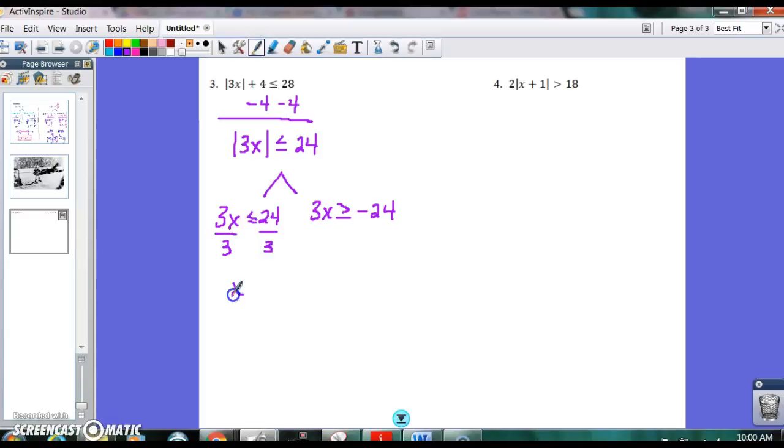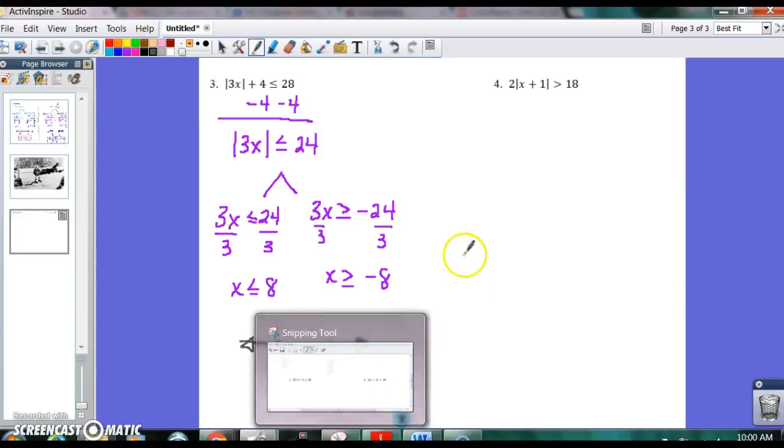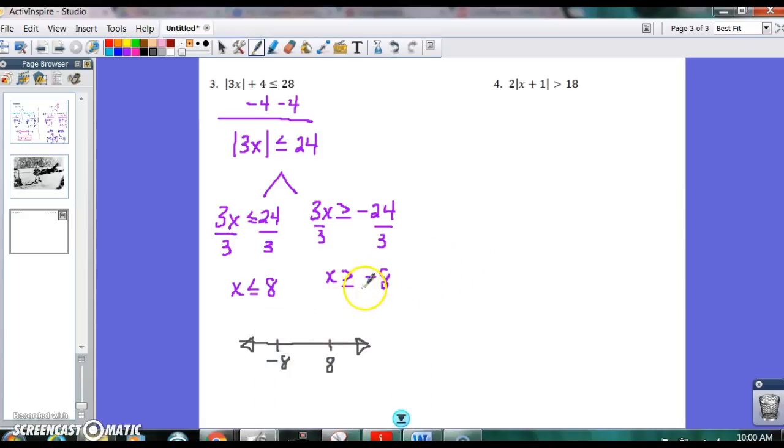Now you can solve this. Divide by 3. Here I end up with x is less than or equal to 8. Over here when I divide by 3, I get x is greater than or equal to -8. You go ahead and do your number line. Here's -8. Here's +8. I am greater than or equal to -8, so I have a closed circle at -8.